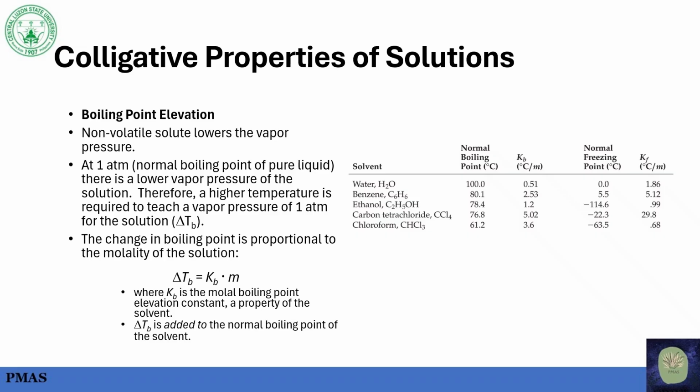And this change in the boiling point is mathematically expressed as delta T boiling equals Kb, which is the molal boiling point elevation constant, a property of the solvent, multiplied by m, or the molality of the solution.